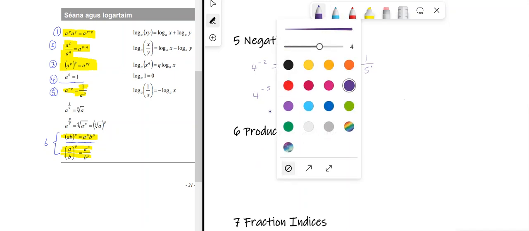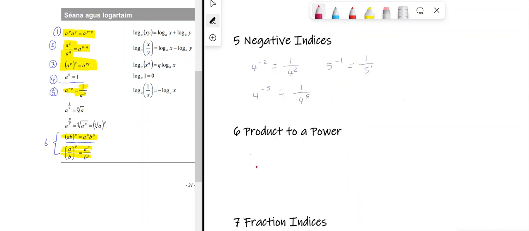So if I have something like this, and let me just change the color here. So imagine I have something like 2 multiplied by 5, okay, to the power of 3.